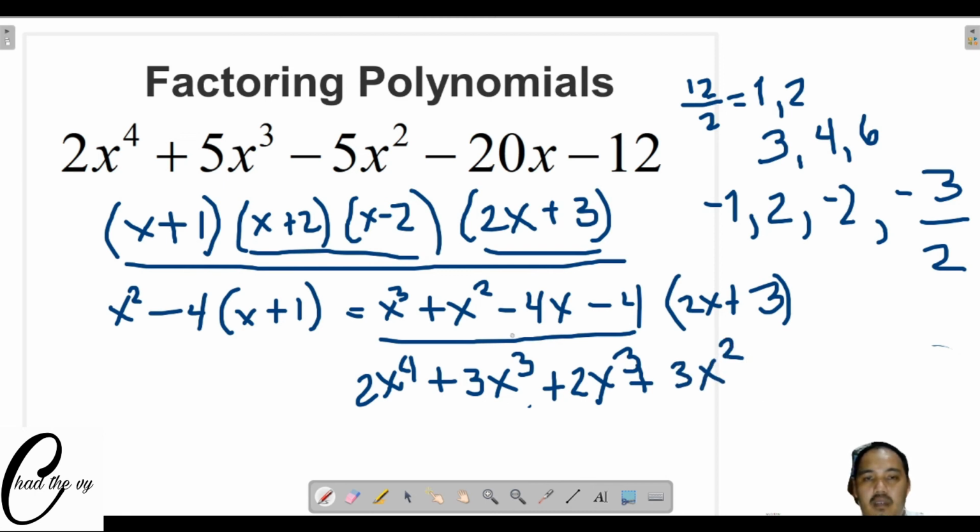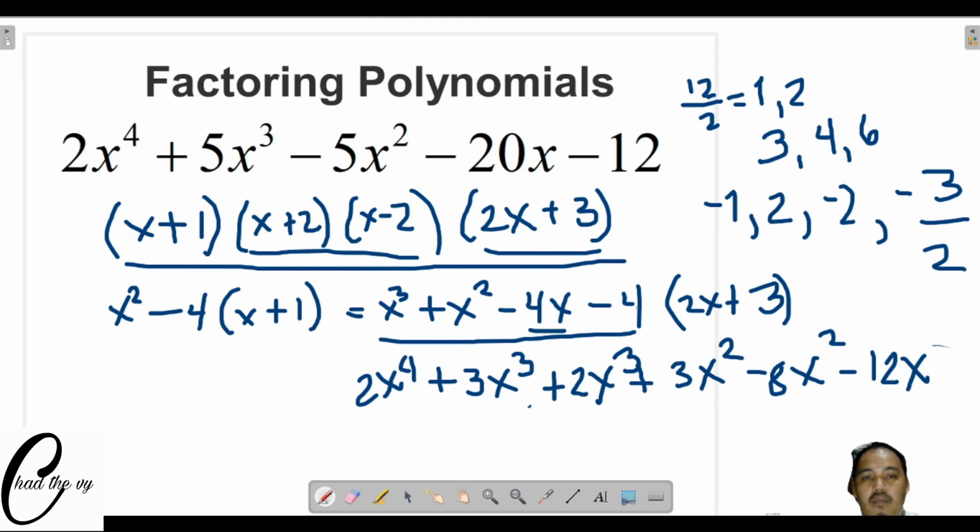Then, negative 4x times 2x is negative 8x raised to 2. Then, negative 4x times 3 is negative 12x.